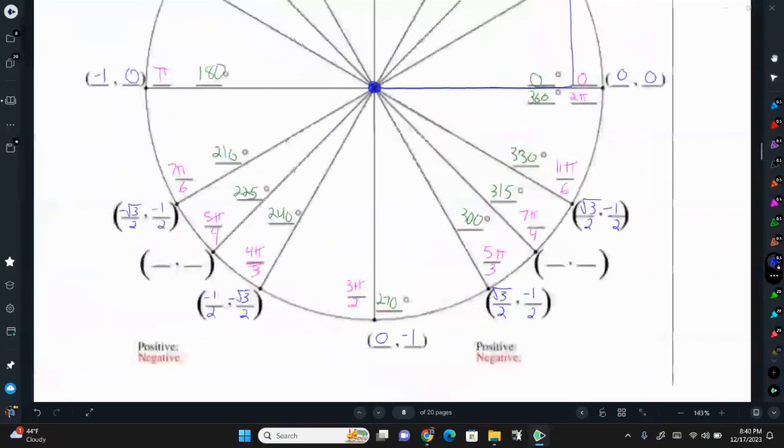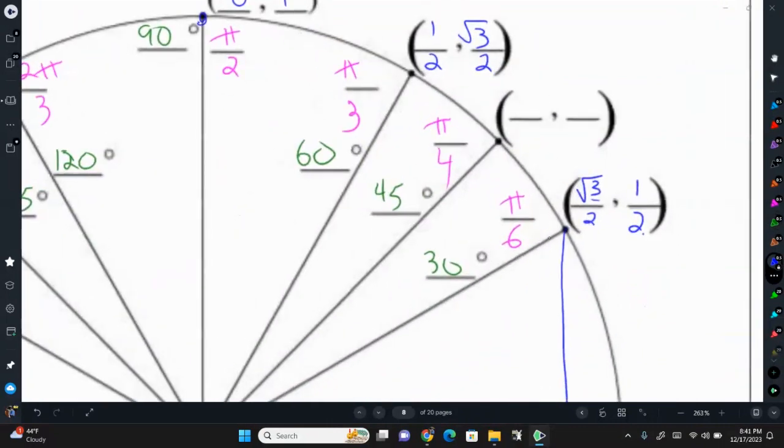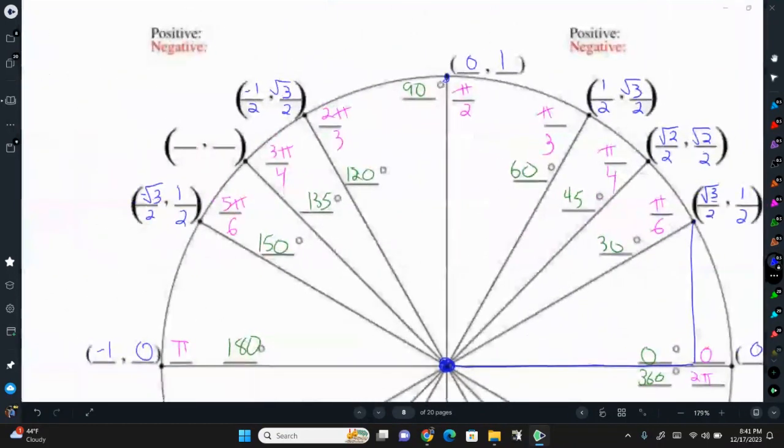So there we go. And then the last one is going to be the pi over 4. Now, some people do the pi over 4 first because the x and y coordinates are the same, and there's no problem with that. Okay, then over here, we are now in quadrant number 2 where the x coordinates are negative.